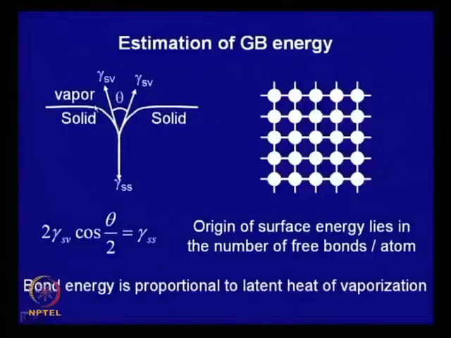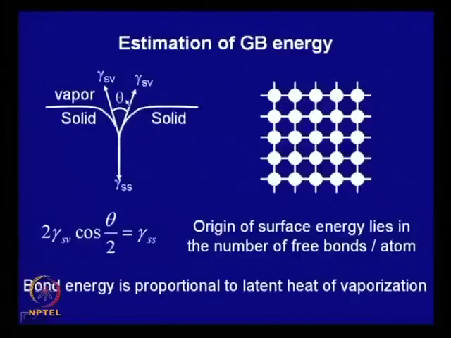Then the grain boundaries get etched, and when you look under a microscope or a profilometer you will find that at the grain boundary there is a dip like this. You can take a section, draw a line and measure the angle between the 2 grains, or with a profilometer reading it is also possible to measure this angle.